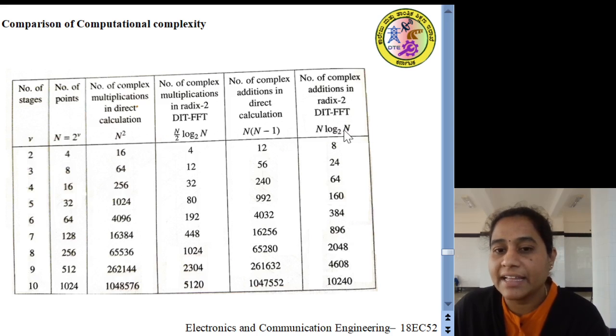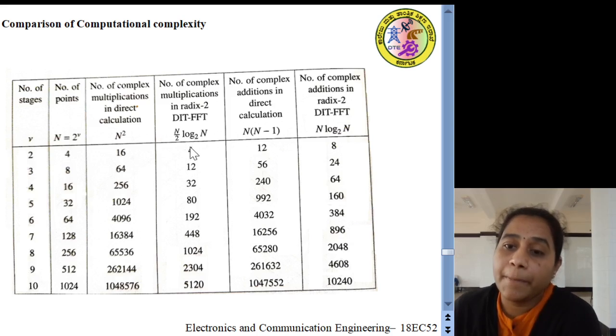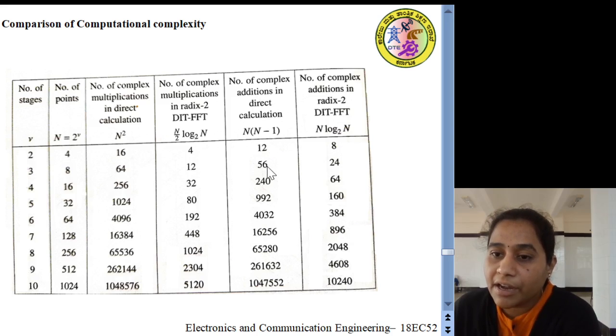So for ν equal to 2, n is 2 raised to ν, which is 4. For finding the 4-point DFT in the direct computation method, 16 complex multiplications are involved, and in the DIT FFT algorithm 4 complex multiplications. In direct computation there are 12 complex additions, in DIT FFT there are 8.